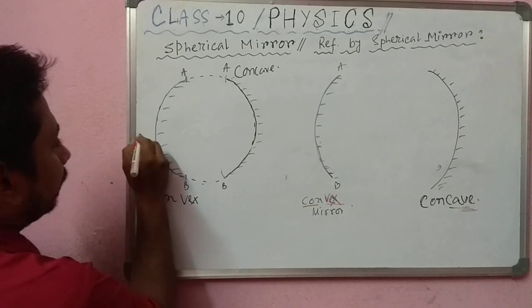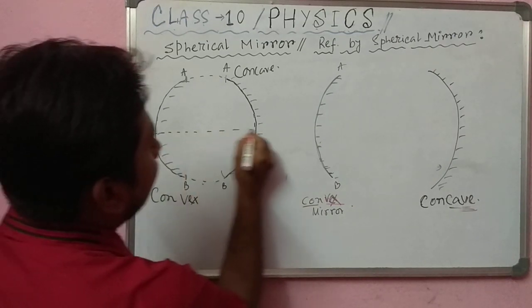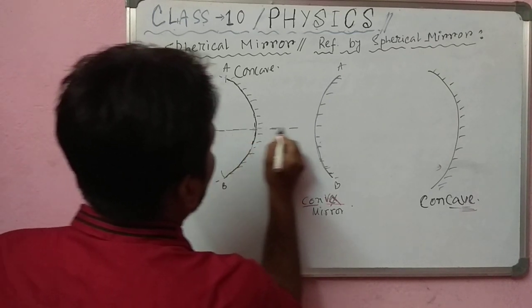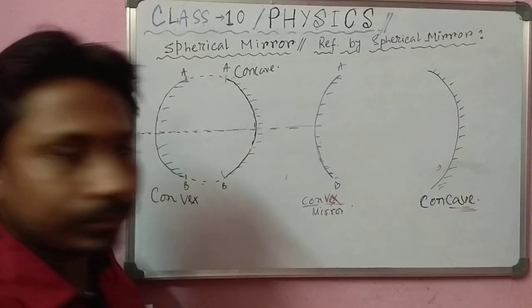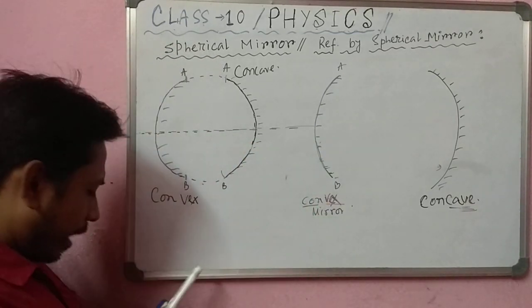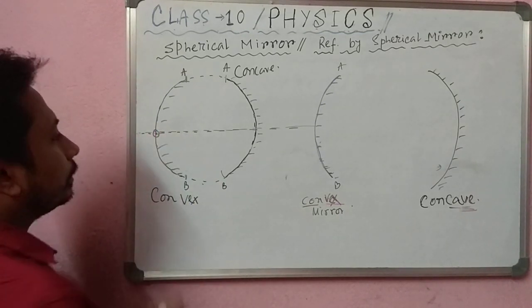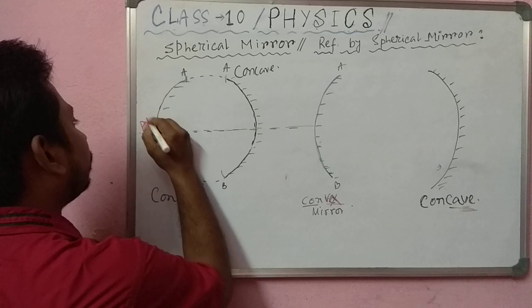Now if you draw a line from the middle of the mirror, this point represents the pole.